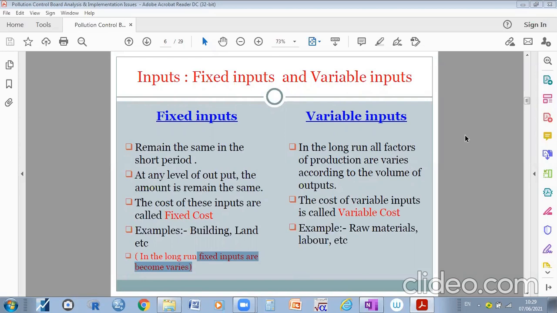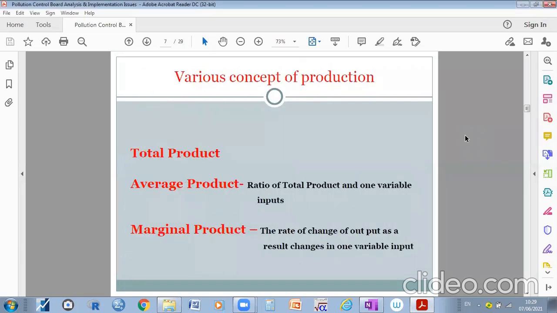Next slide. When we are discussing production, there are so many concepts. There are various concepts of production: total production, and mathematically we have also discussed TP, AP, MP, that is total product, average product and marginal product.